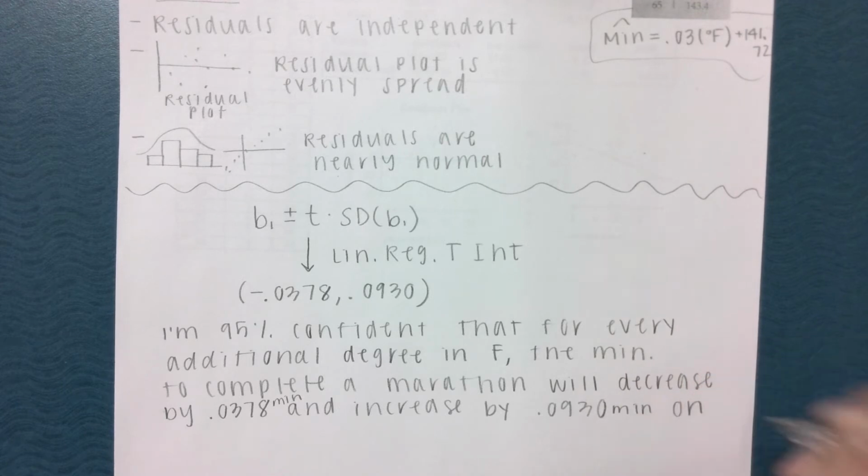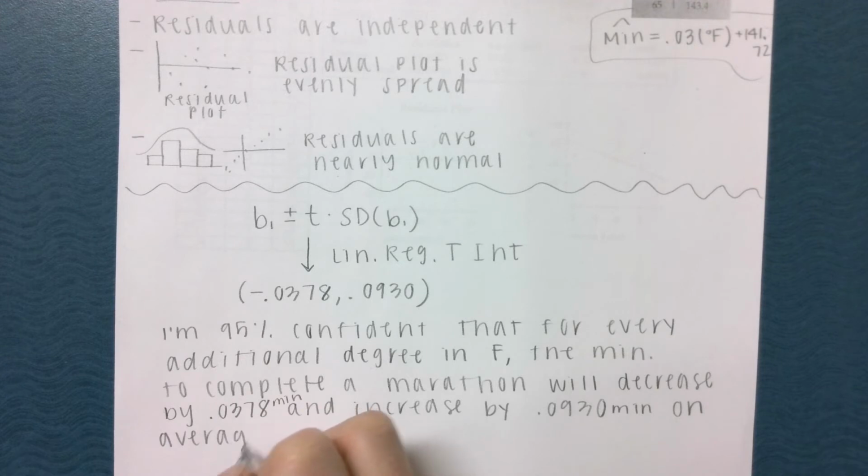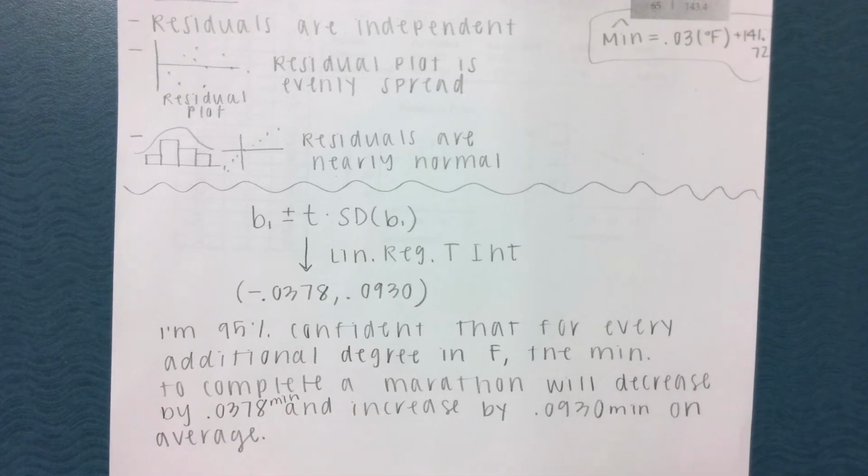And we're going to add on that this should be on average. Okay, so I'm 95% confident that for every additional degree in Fahrenheit, the time that it takes to complete a marathon will decrease by an average of 0.03 minutes or increase by 0.093 minutes.